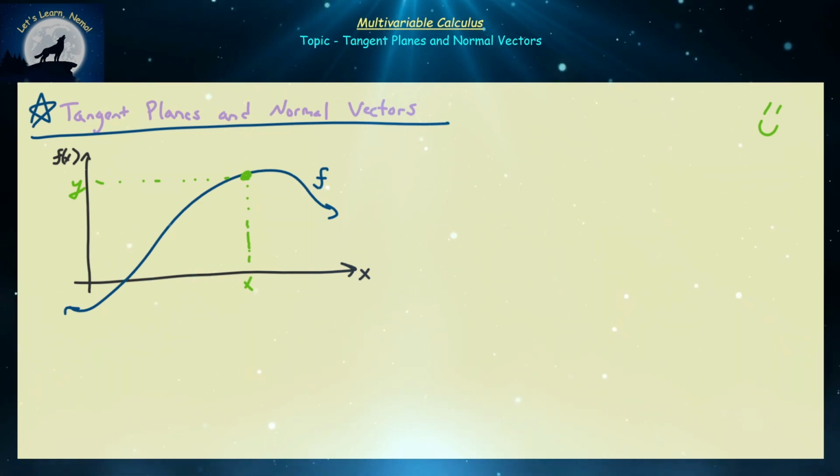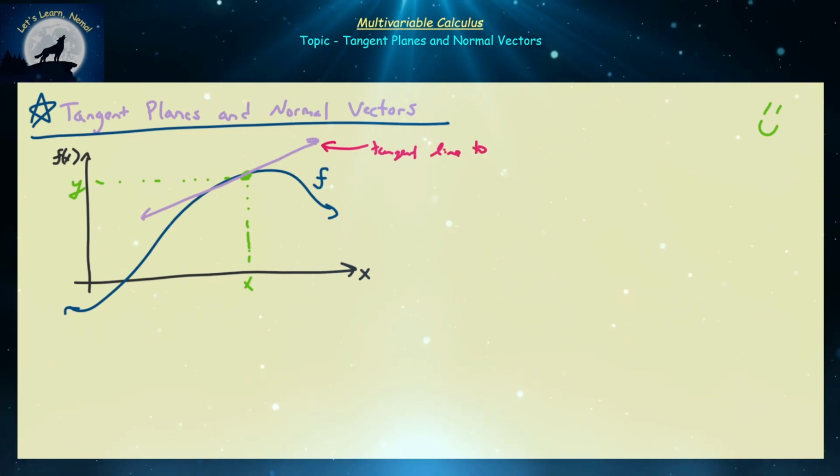So obviously we would find the derivative at that point, and that would be the slope of the curve at that point. And then in order to find the intercept of that line, you just need to use that point in order to get that vertical intercept value. So this line is usually referred to as the tangent line to f at the point x comma y, right?